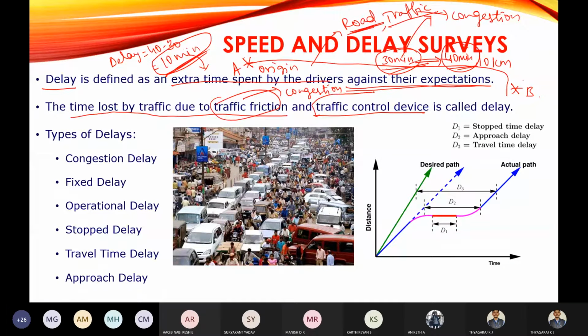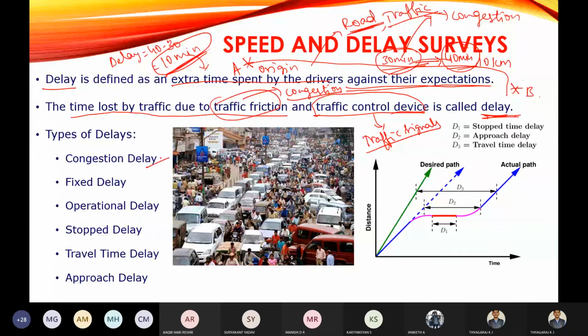And because of traffic control devices, as we all know, because of poor operation of traffic signals, we are going to expect the delay. That is the extra time we are going to spend. So the time lost due to congestion and improper operation of traffic signals, we are going to call it delay.